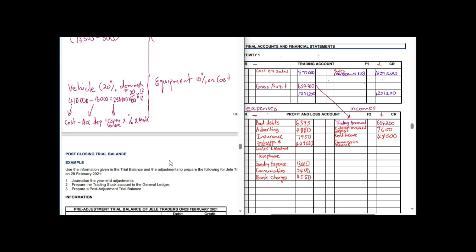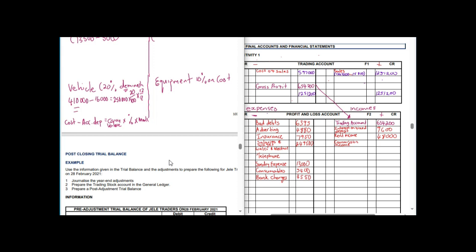And then our depreciation for vehicle equals how much? We are going to say 250,000 multiplied by 20 divided by 100 multiplied by 12 divided by 12.